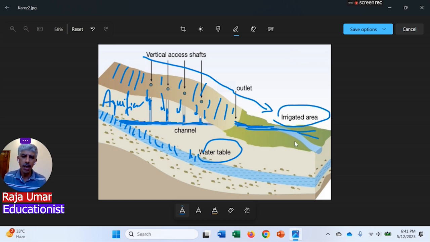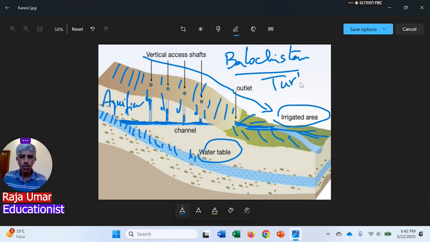The water is supplied to these fields for irrigation and to grow crops. As I was telling you, this particular method is in use in Balochistan, nowhere else in Pakistan, in the Turbat region, Kech Valley, close to the Gwadar areas.